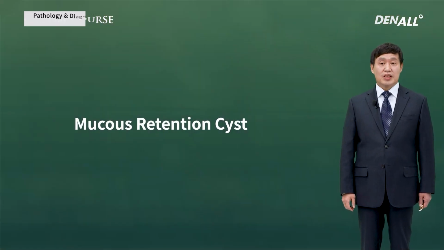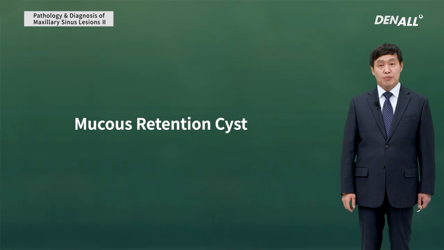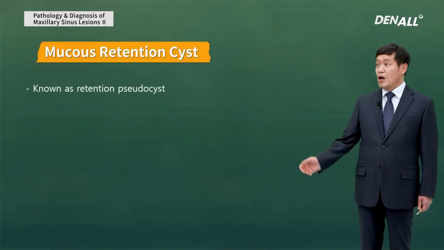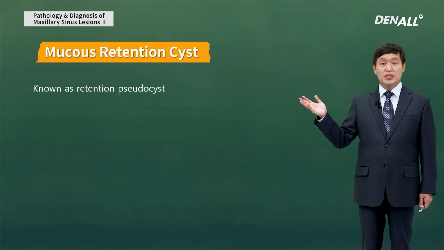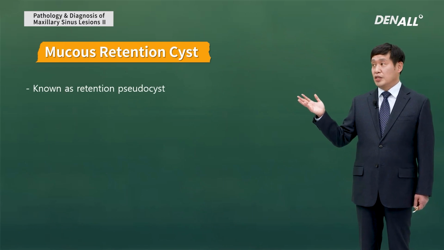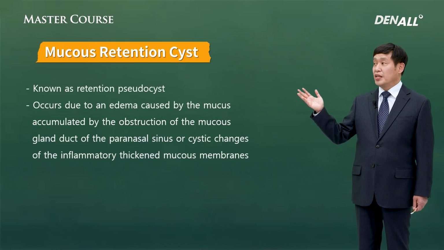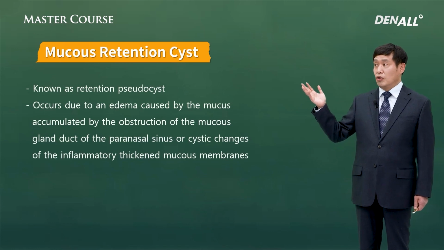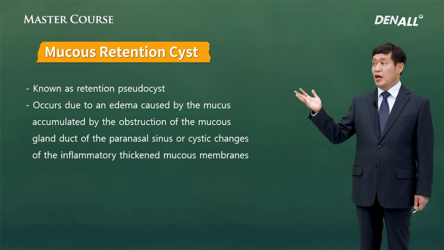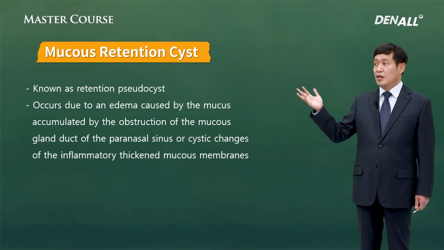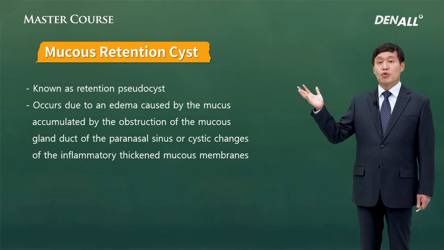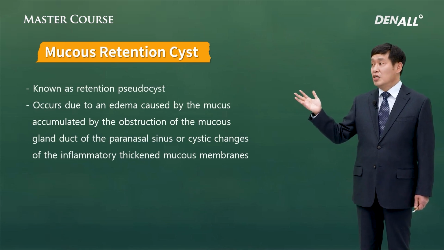Next, I'm going to talk about mucus retention cyst. Mucus retention cyst is known as retention pseudocyst. This occurs due to an edema caused by the mucus accumulated by the obstruction of the mucous gland duct of the paranasal sinus or cystic changes of the inflammatory thickened mucous membranes.